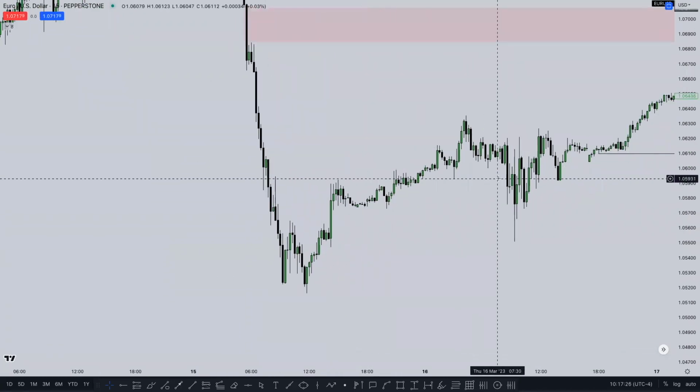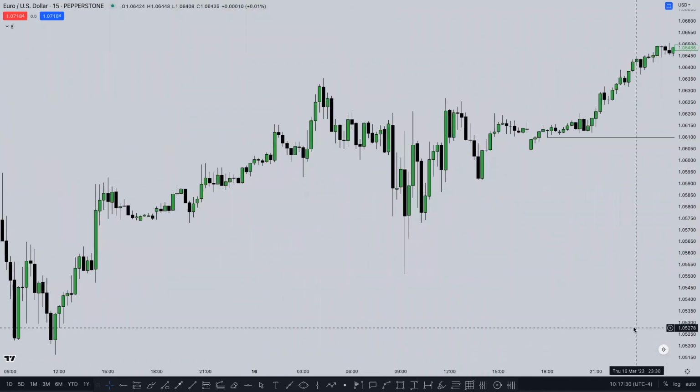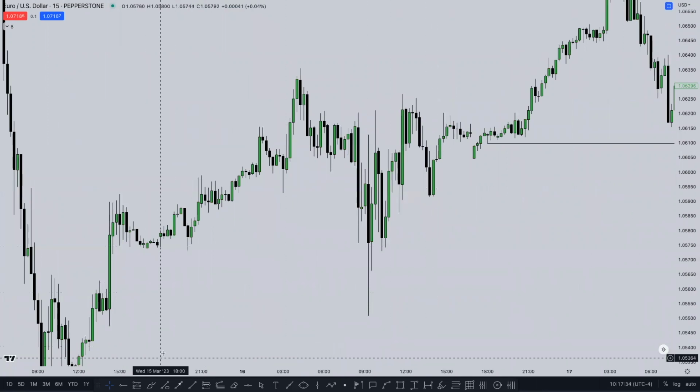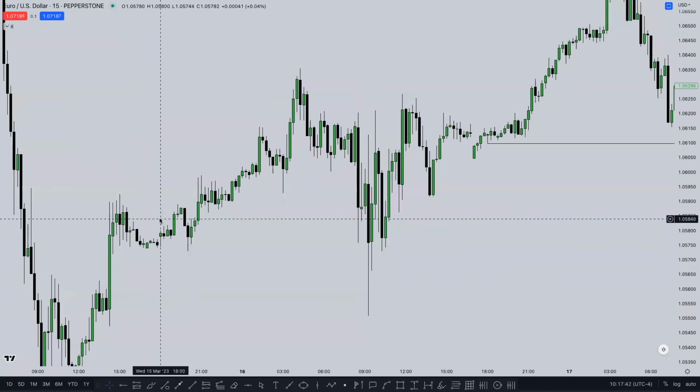All right. Now, let's look at more examples. If you look at this price action, this is all the Asian range, right?